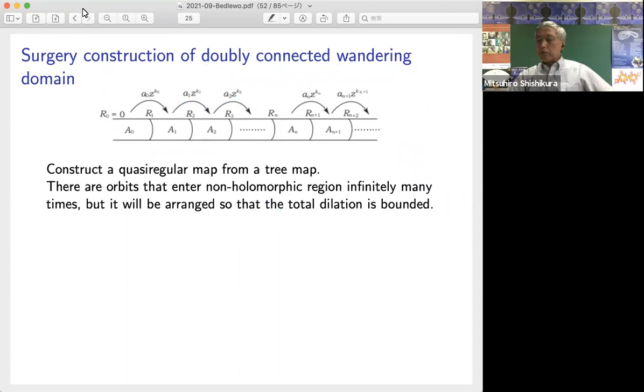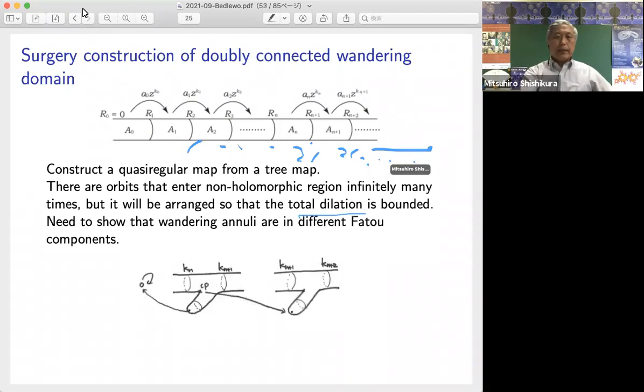In general, the principle is that the orbits enter the non-holomorphic region only finitely many times for rational maps. But in this case, you allow the orbit to enter infinitely many times. But still, at these discontinuities you interpolate, and the interpolation is very smooth as you go to infinity. So the dilatation is smaller and smaller. So even if you have an orbit going to infinity, the total dilatation is bounded.